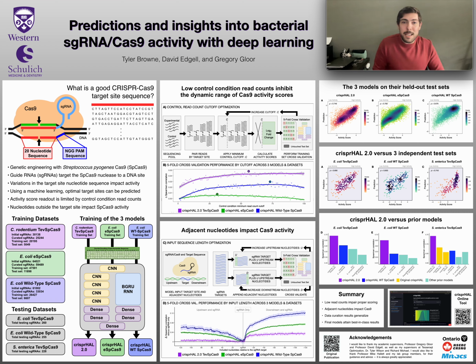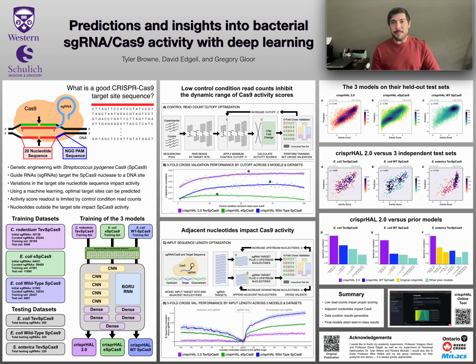In this case, we're looking at Streptococcus pyogenes, or SpCas9, and that PAM sequence is NGG. So there's a lot of two Gs beside each other, so there's a lot of potential target sites for SpCas9.